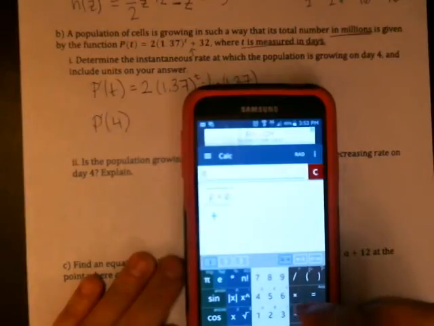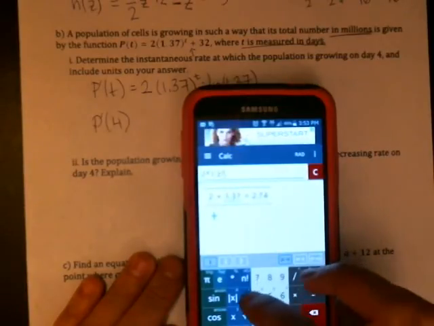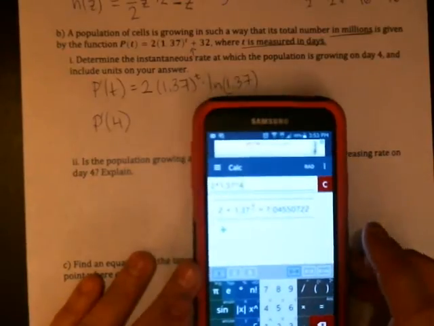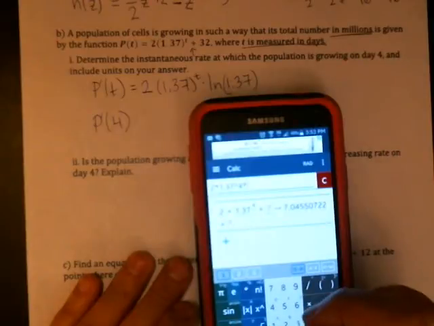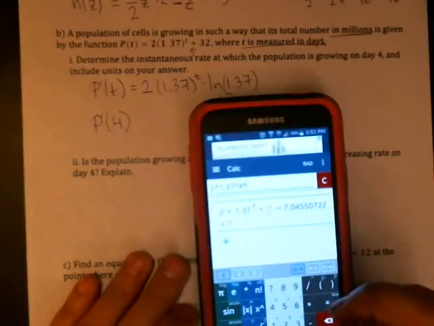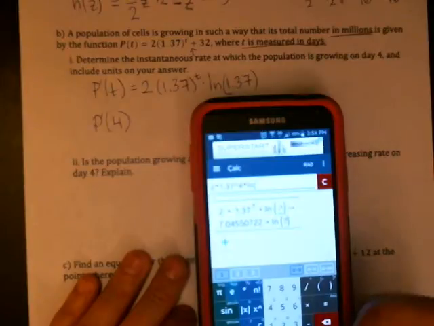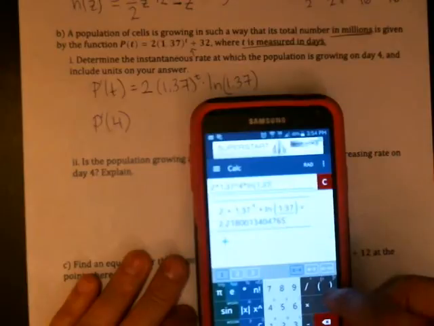So we have 2 times 1.37 to the 4 times the natural log of 1.37.